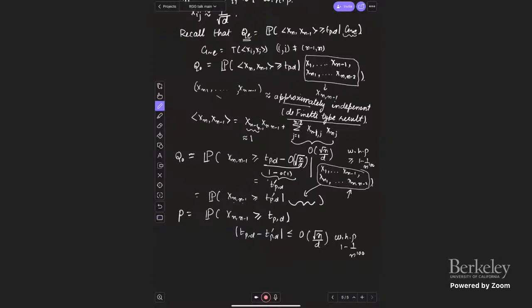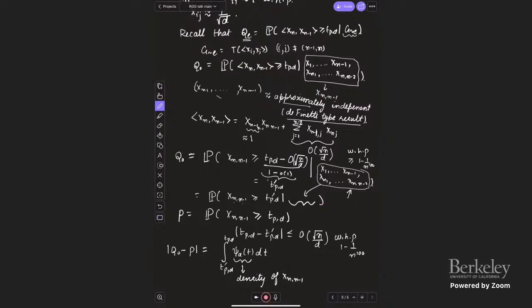Therefore Q naught minus P is equal to the integral from TPD prime to TPD, without loss of generality assuming TPD prime is less than TPD, of psi d of t dt, where psi d is the density of ⟨xn, x(n−1)⟩.